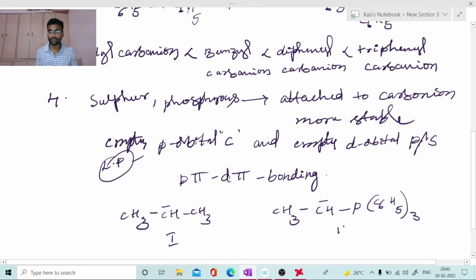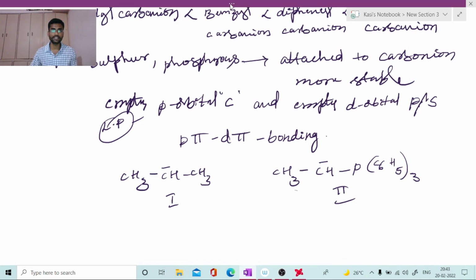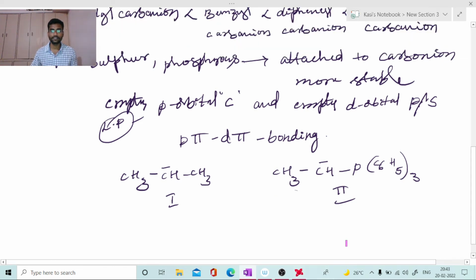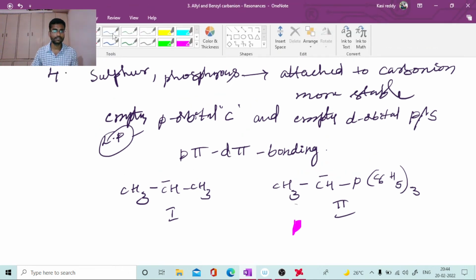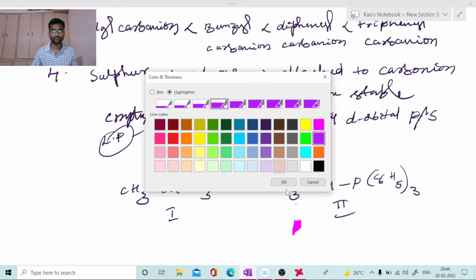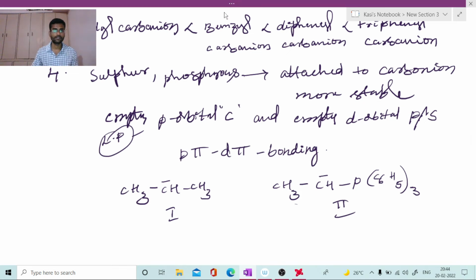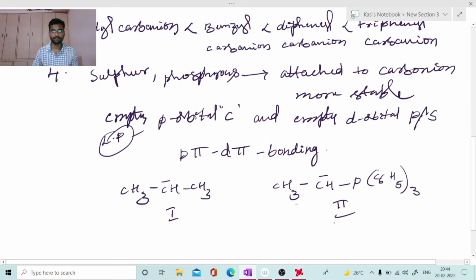The second one is more stable than the first one, because here pπ-dπ bond formation can take place.